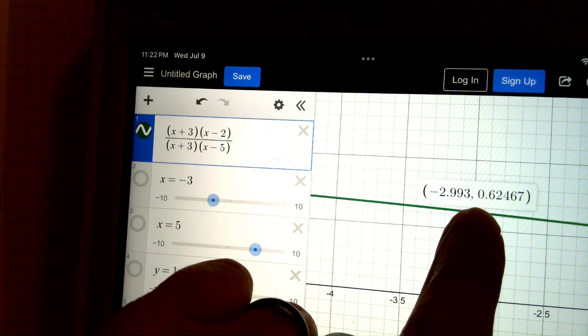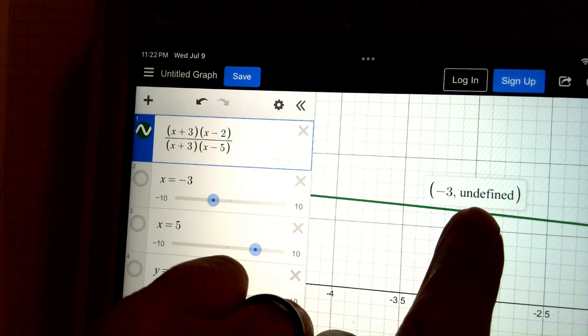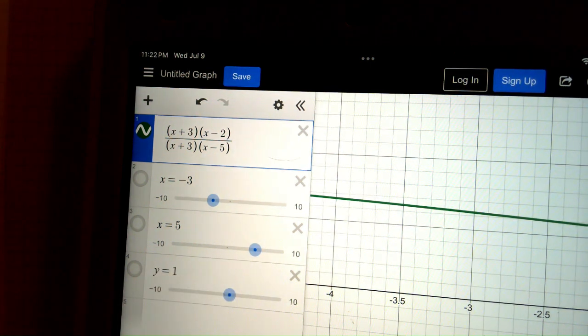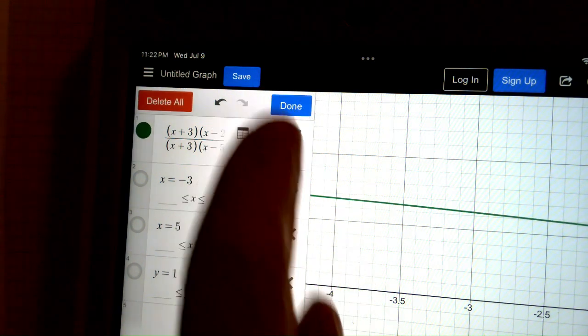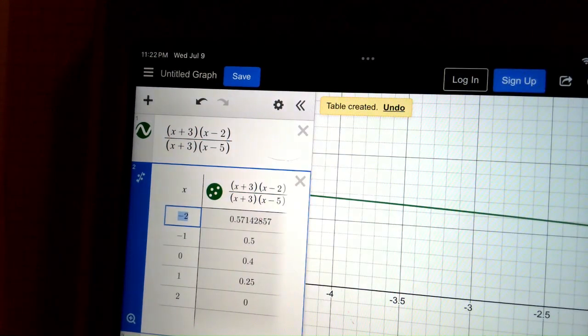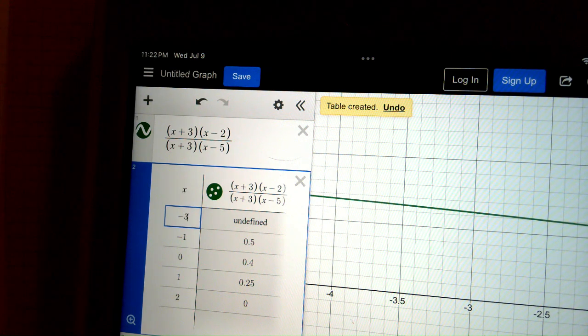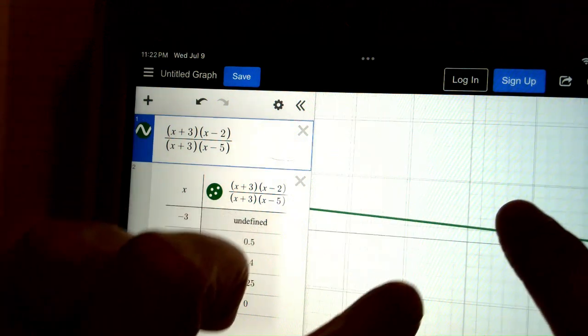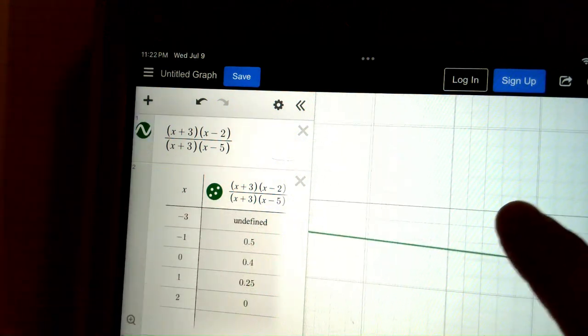Oh, if I can get it, there it is. So see how it's saying undefined? If you do this with a mouse on your computer, it'll actually show a hole at negative 3. And if you have it add in a table of values, you can type in negative 3 and it will be undefined. So you have to really, really zoom in.